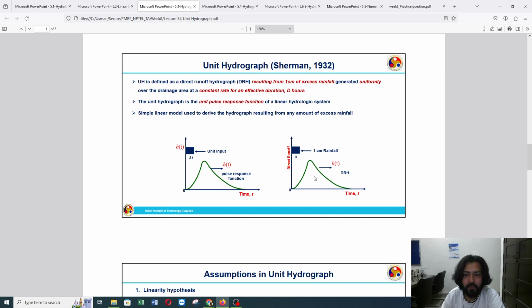So we can compare these two figures and understand that for a unit pulse response function of a linear hydrologic system, the unit input is a unit pulse for a period of time. The same thing for a unit hydrograph is 1 centimeter of rainfall over a time period of D. The output of a pulse response function here is a DRH. So the input is excess rainfall for a unit hydrograph and the output is a direct runoff hydrograph, which is nothing but a pulse response function.